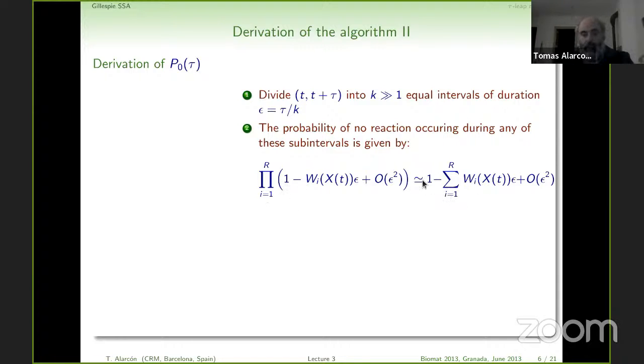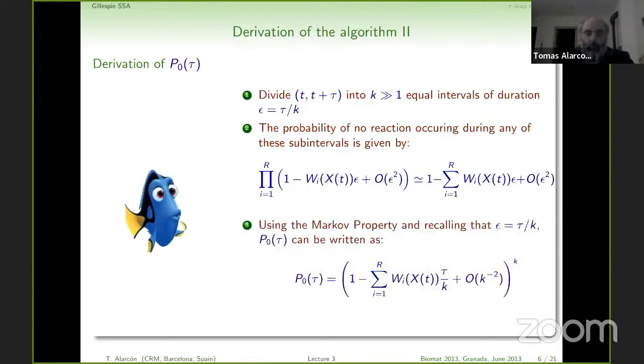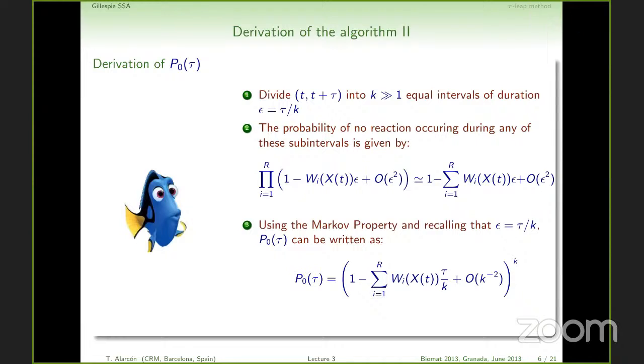And because we are assuming that k is very big and therefore epsilon is very small, we can approximate this product as 1 minus this sum plus things that are of order epsilon squared. Now we use the Markov property.